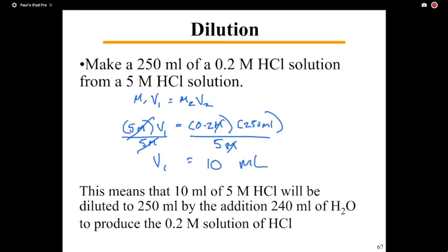You do not add 10 mils and then add 250 mils to that, because then you would have a total of 260 mils. The concentration would not be right. You have to think about what you want to get to, and whatever you add together must end up being the right volume at the end. So very simple math, but you've got to think about what it means.